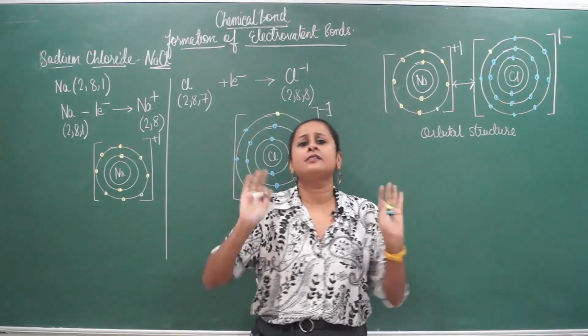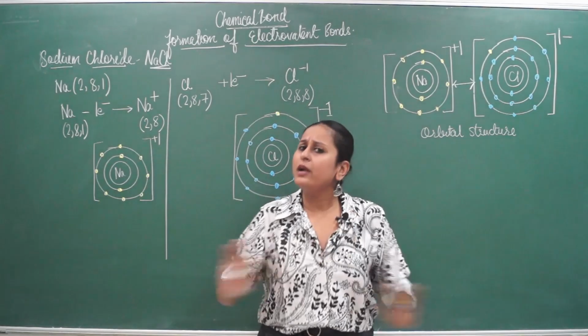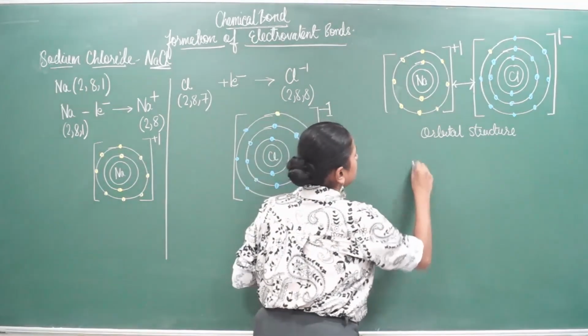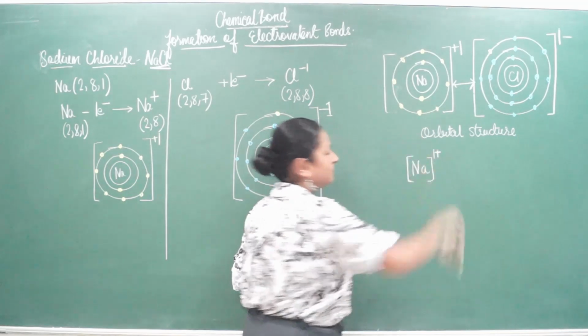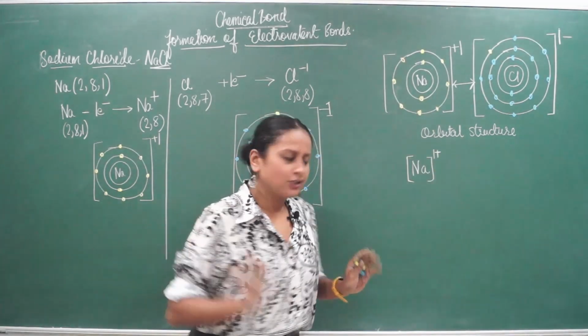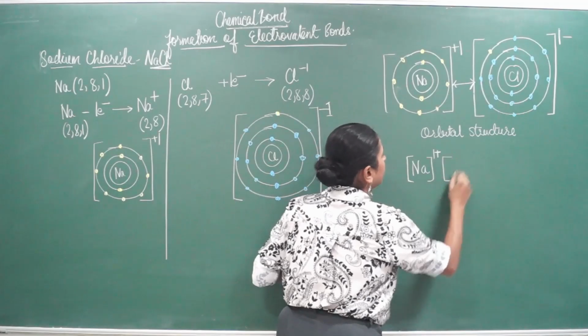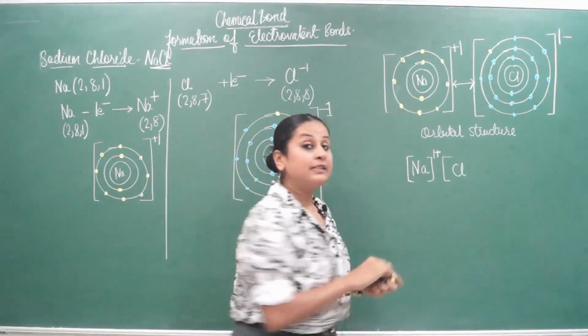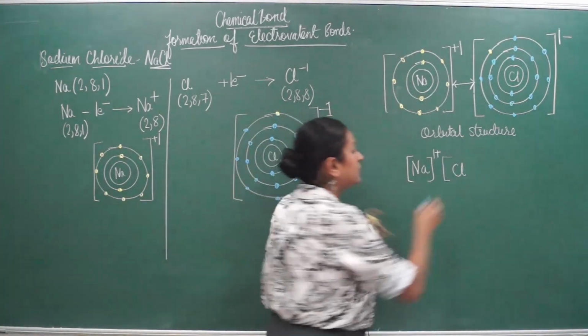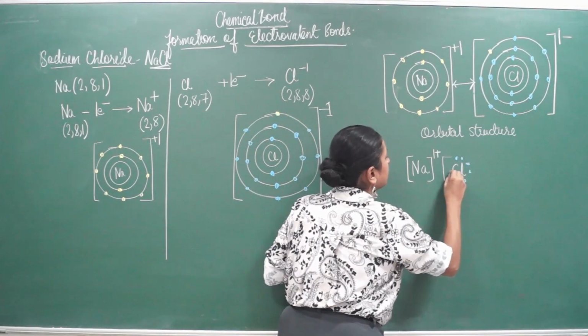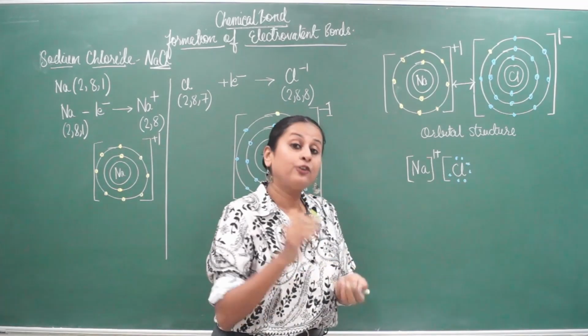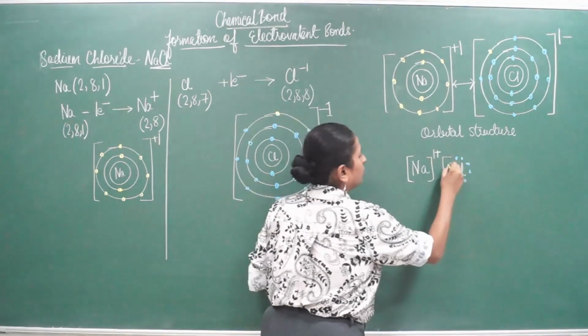Na has lost its last shell. So it has no electrons in its last shell. So simply I will write Na, but don't forget the charge. This is your Na. It has lost the last shell. What happened to chlorine? Chlorine has its own 7 electrons in the last shell. 2, 3, 4, 5, 6, 7 and 1 electron donated by sodium.